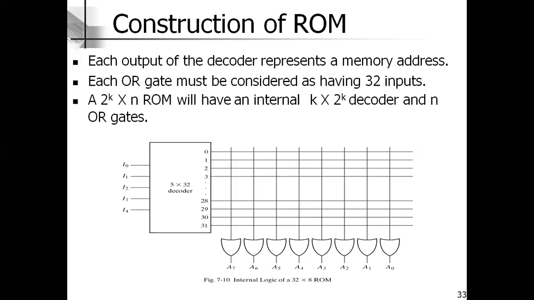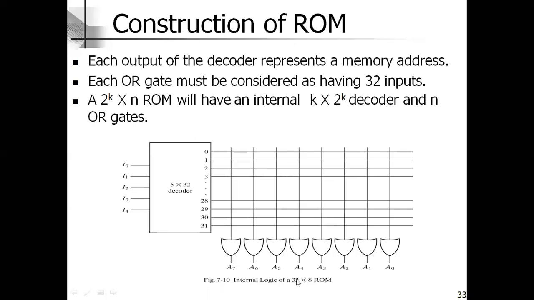That means this unit consists of how many words? 32 words. Each word can contain how many bits? 8 bits. So we have to construct the 32 by 8 ROM.